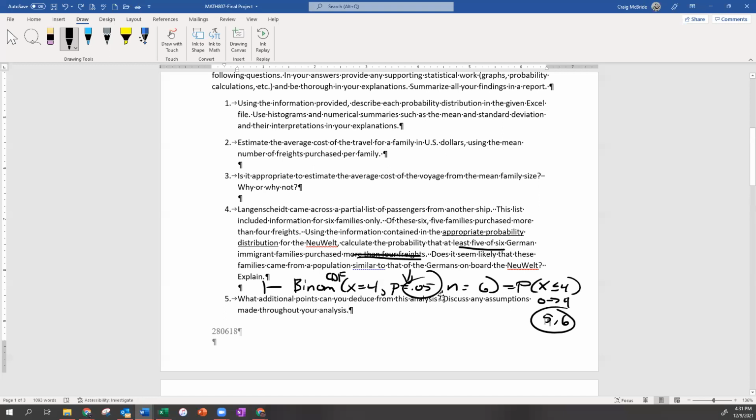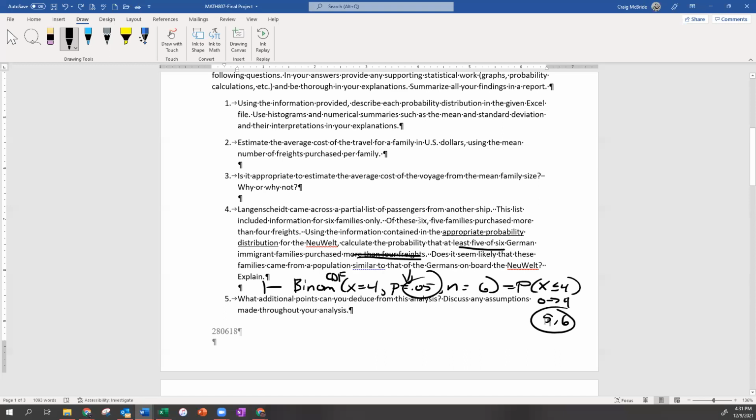But if it's smaller than 5%, then we say, well, since there's less than a 5% chance that this data actually came from a population similar to the New Wealth, then we feel validated enough that we can probably say that it most likely came from a different population and therefore it's not similar to that.